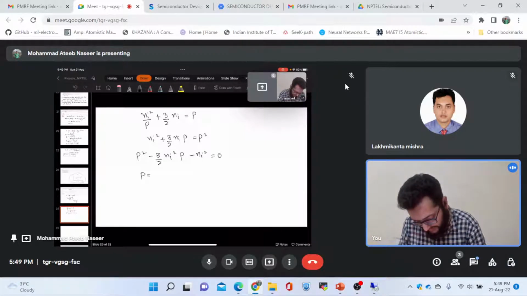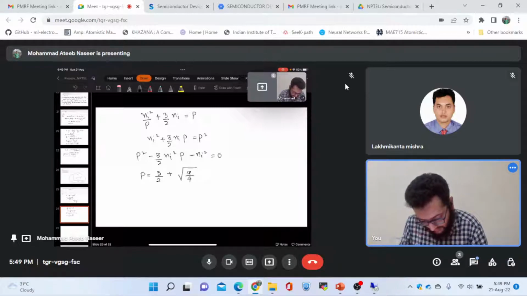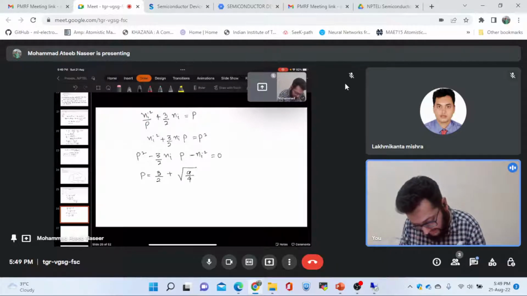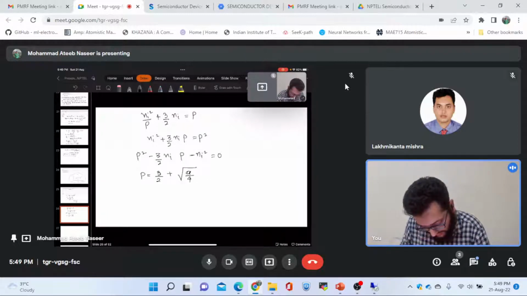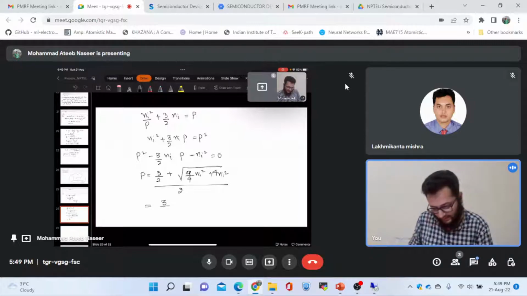We will write it to be equal to 3 by 2 Ni plus the square root of 9 by 4 Ni squared plus 4 times Ni squared, the whole divided by 2.